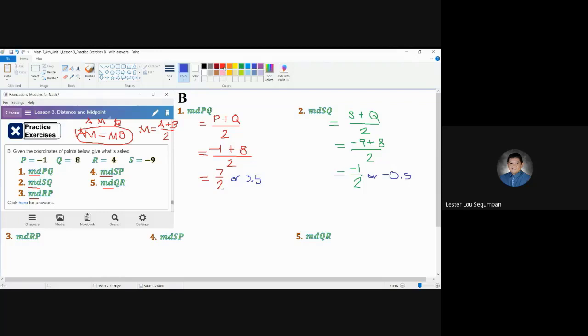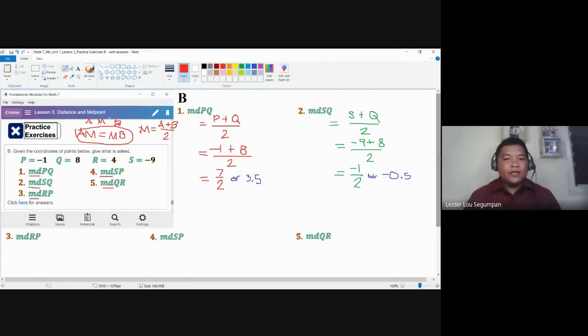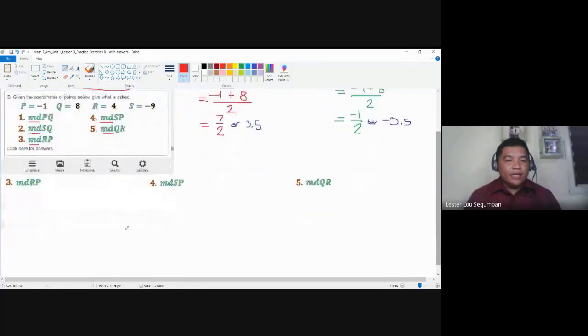Let's proceed to number 3, R and P. We have R plus P all over 2. R is given to be 4 plus P, which is negative 1, all over 2. 4 plus negative 1 is 3, so you have 3 over 2 or 1.5.